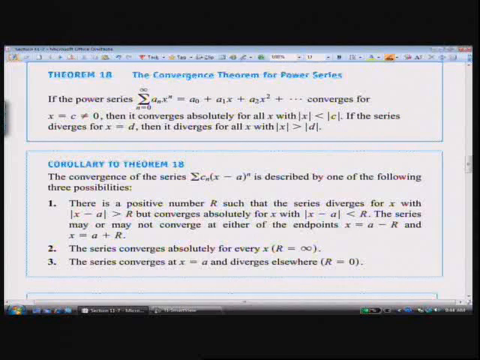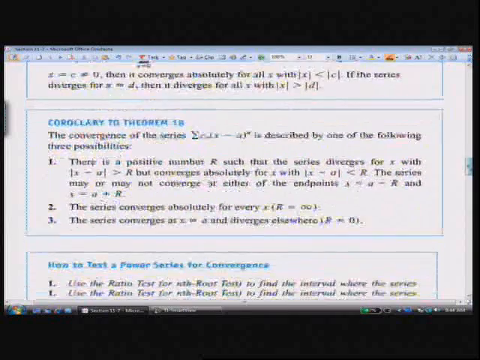And then you have to look at the endpoints. So all you're doing there is kind of shifting it away from 0. It could be that the series converges for every x, which would mean that r equals infinity, or the series converges at x equals a and diverges everywhere else, which is that r equals 0.